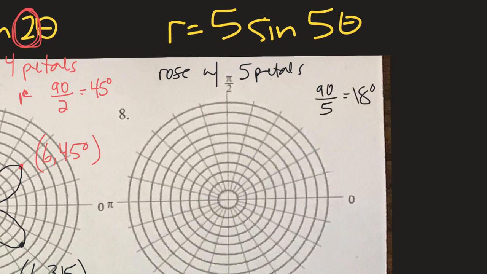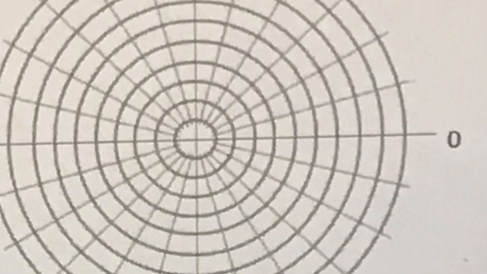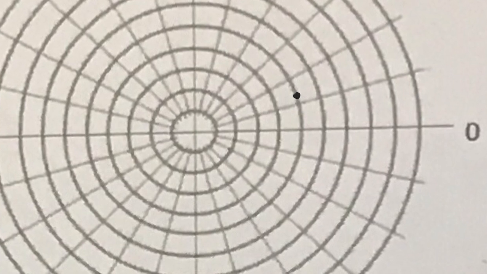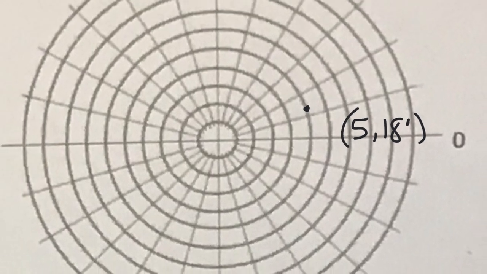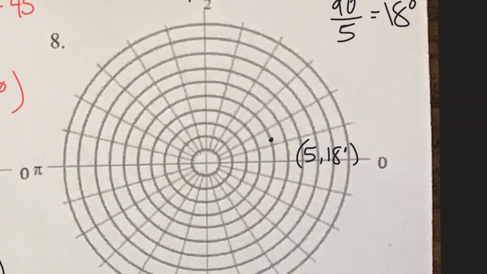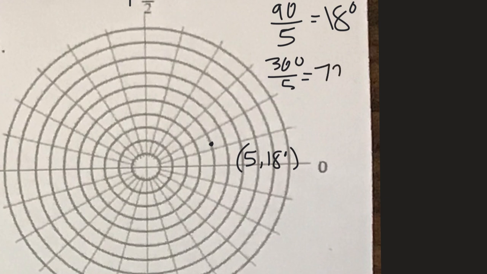Our first petal is going to be at 18 degrees because this is a sine graph. 18 is a little bit more than 15. 1, 2, 3, 4, 5, comma 18. Maybe that's going to be right in here. So there's our first petal for our sine graph. And now if we do 360 divided by 5, we find that all the petals are going to be 72 degrees apart.